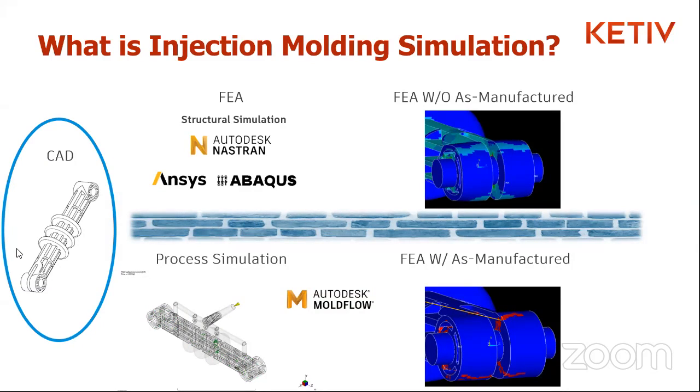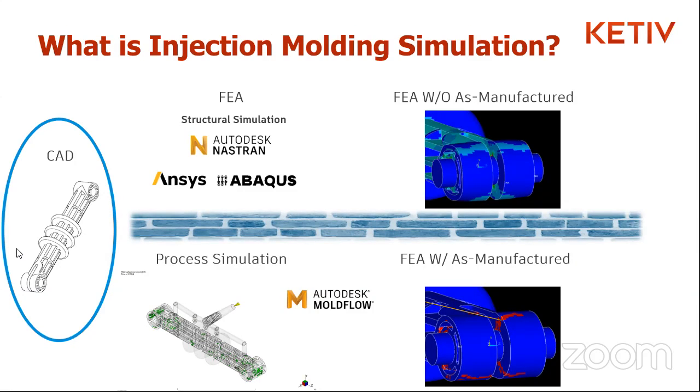Now, the one advantage that something like Moldflow has, Moldflow is of course an injection molding simulation software, is it will allow you to simulate the process of filling and packing and cooling and warping, etc. But what it'll also do is allow you to understand what defects arise from that molding process and how those defects actually affect the strength and stiffness of a certain material.